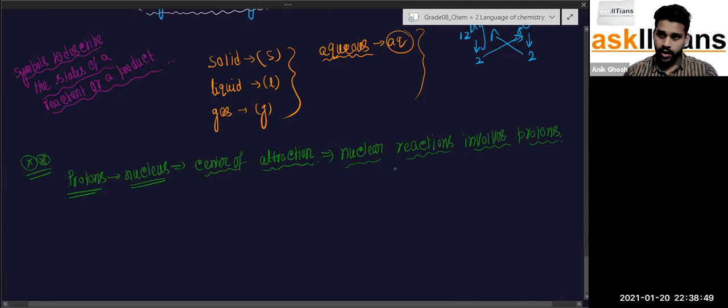Okay. So we have come to the last part. Nuclear reactions involve protons. So you cannot touch the protons. What you can do is play with the electrons only.